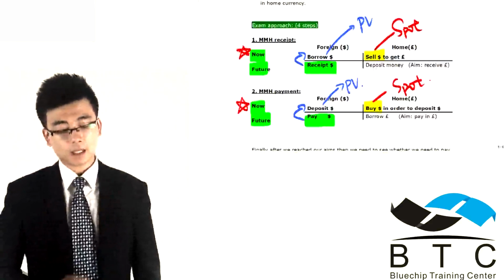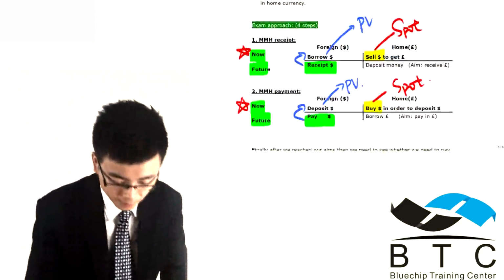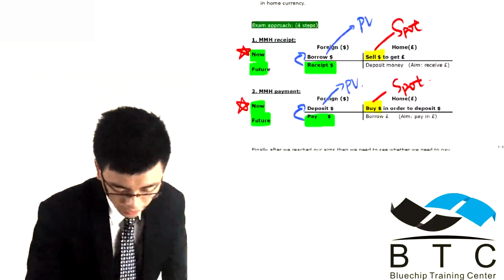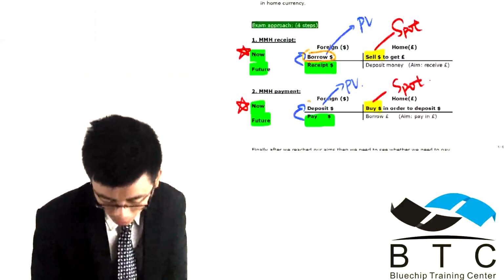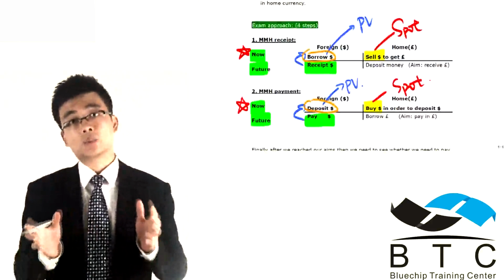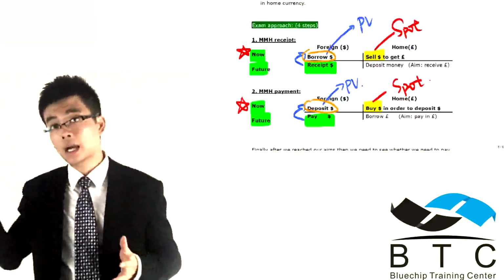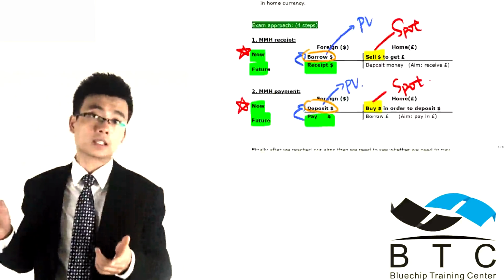Okay? So, the next question is, when we borrow money or deposit money, which rate should we use? Either the interest rate in our home currency or foreign currency. What do you think?